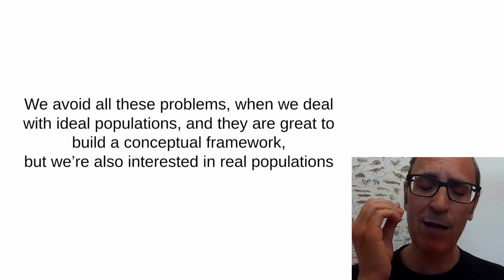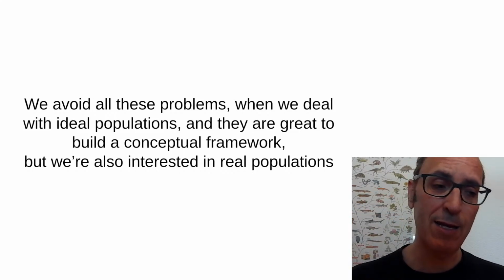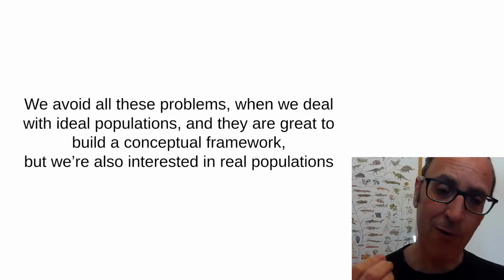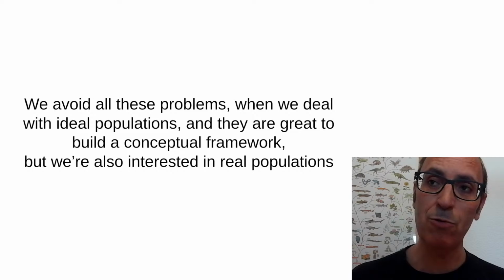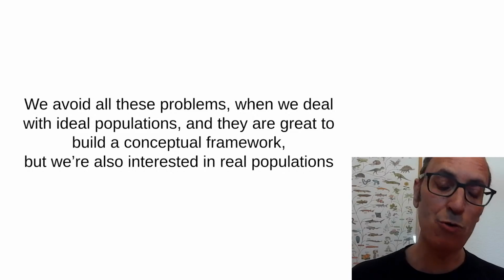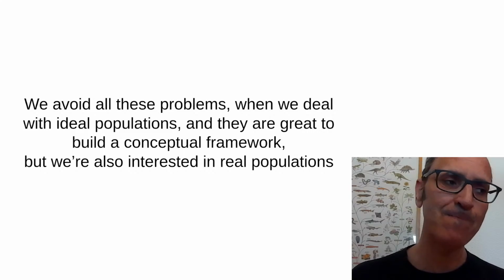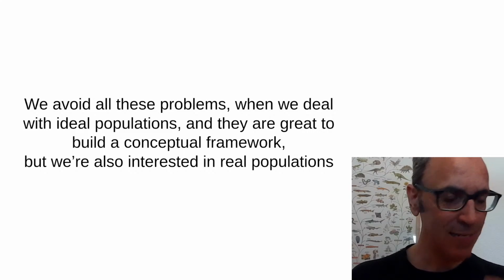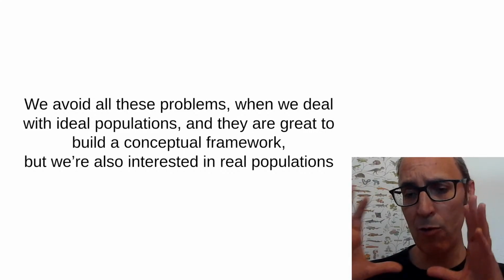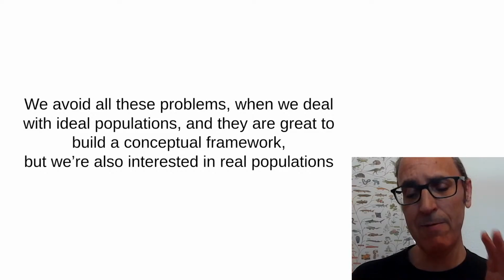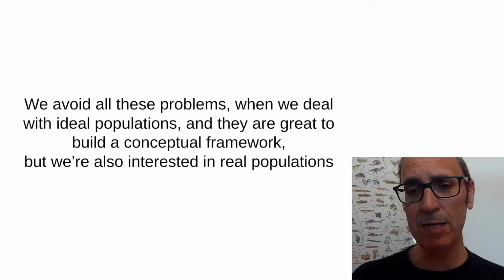But then you will want to apply what you have learned to your real problems, to your real populations, to your real biological questions, and then you will be forced to take decisions on how to divide this territory that you see, this structure that you see in the PCA, into populations. Sometimes it will be very easy, very clear, and very objective, and some other times it will be more complex.